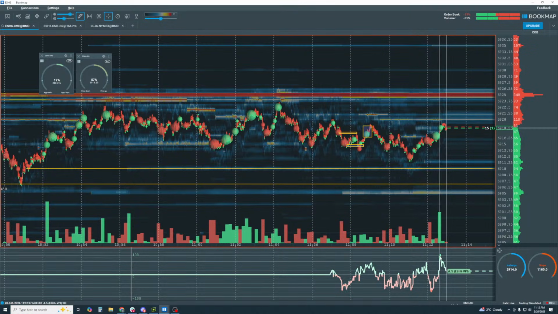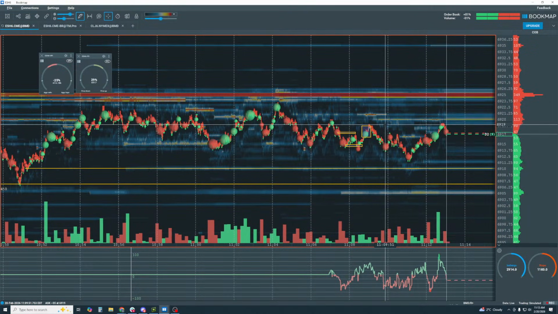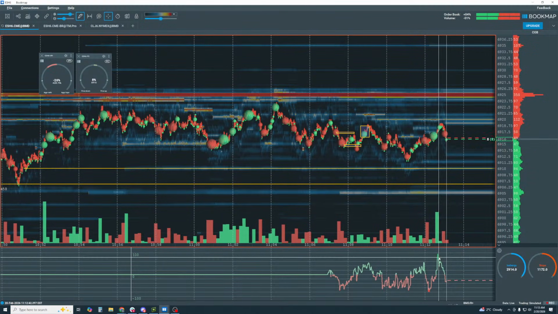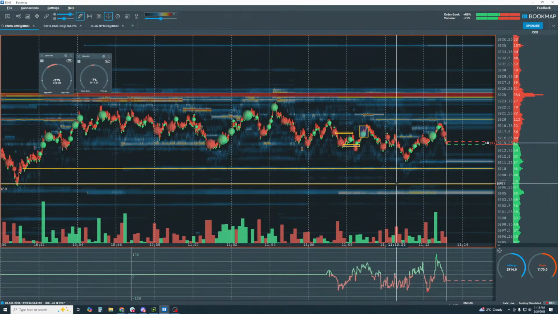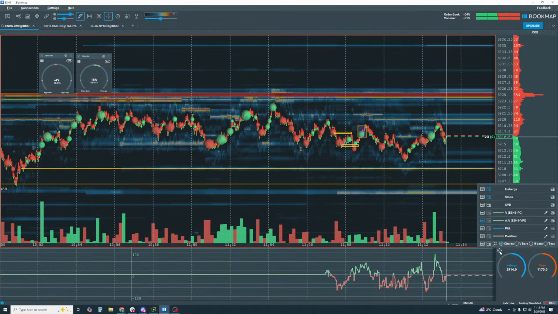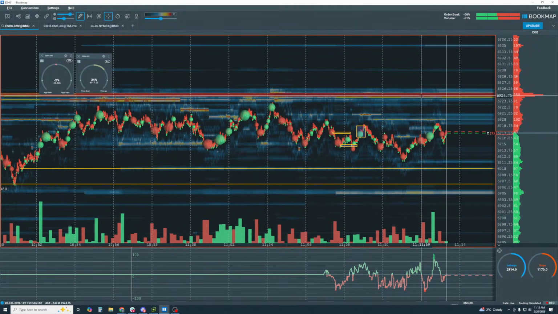But we just got a reading here, back up to the range here, over 70% on that volume pressure imbalance. Is this volume pressure imbalance or is it price change? Volume pressure. Okay.